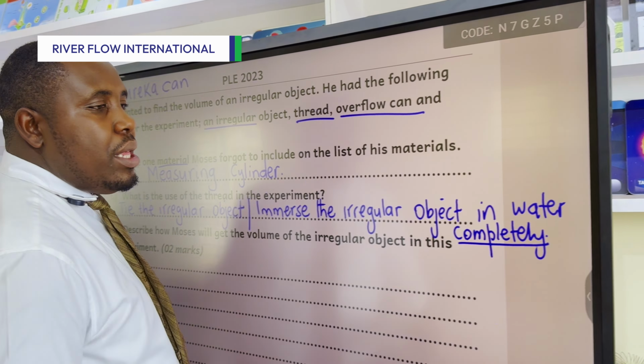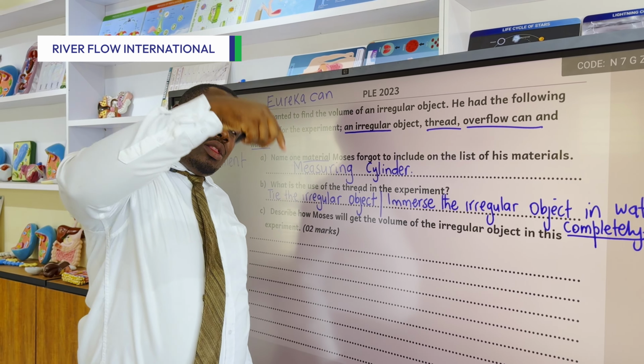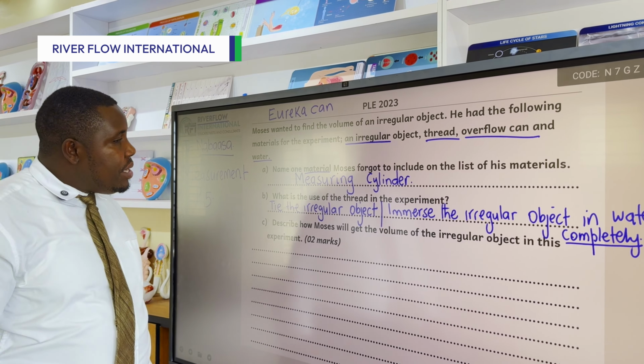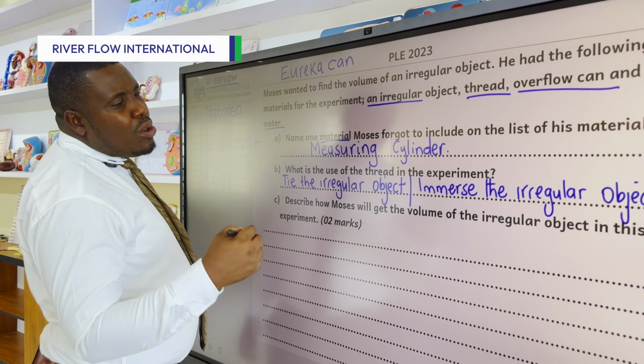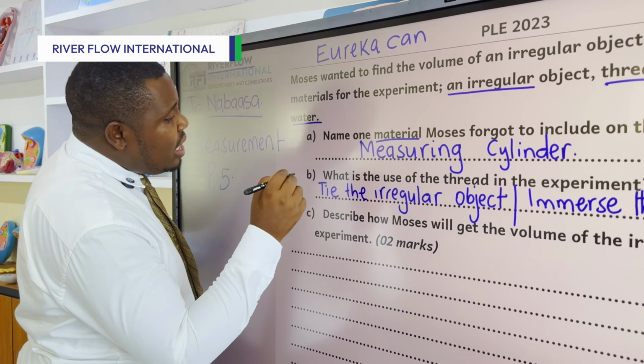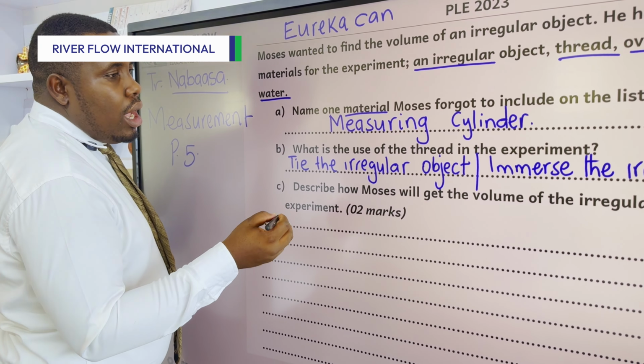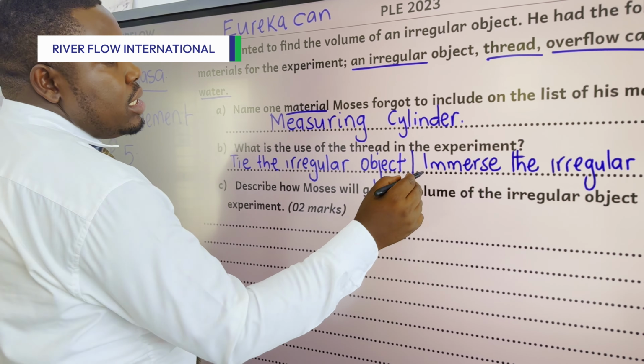If I say the word completely, I mean that the stone, or the irregular object, should be completely immersed in water.